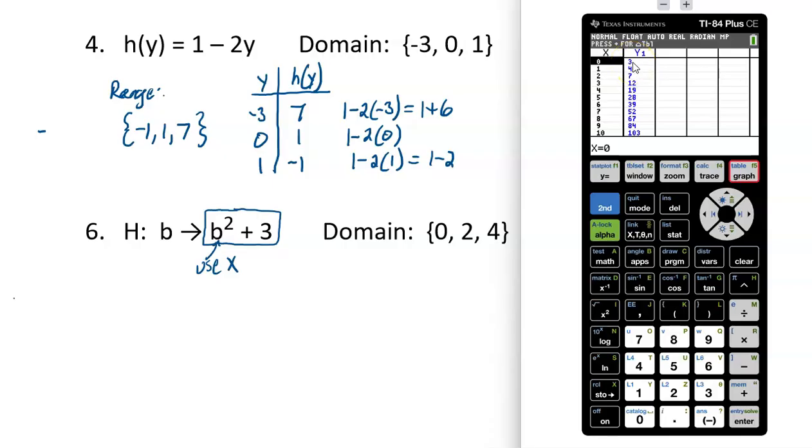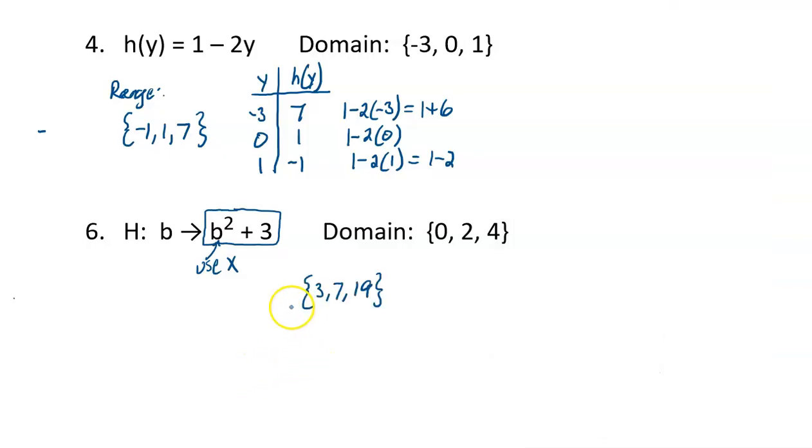We can see that the number paired with 0 is 3, the number paired with 2 is 7, and the number paired with 4 is 19. So 3, 7, and 19. That's the range. Those are the 3 outputs associated with the 3 numbers from the domain.